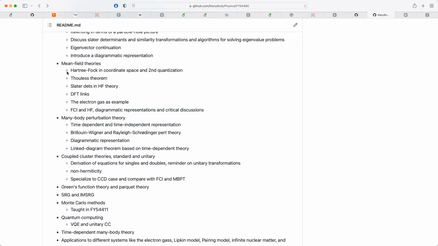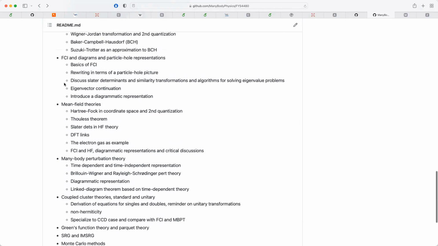If you're doing quantum chemistry, atomic physics, molecular physics, these are actually the methods which many people deal with. So this course also serves as an entry point for those of you who plan a master thesis in, let's say, quantum chemistry, many-body nuclear physics or condensed matter physics. So you will recognize many of these methods here.